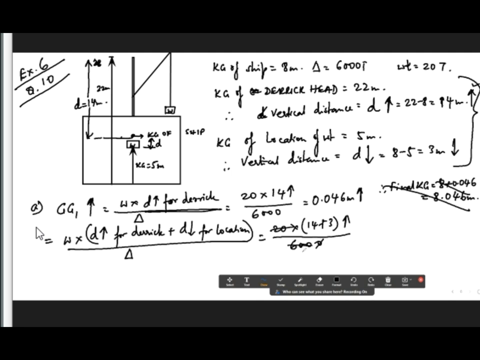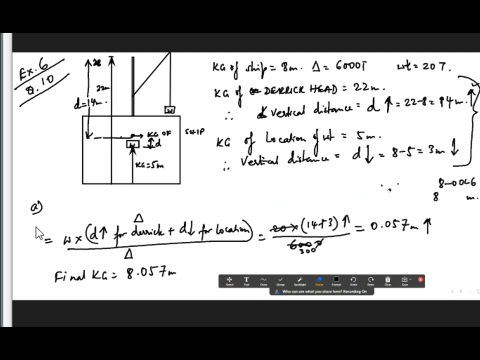That would be 300 here, so how much will it be? 0.057 meters going upwards, and my final KG will be added: 8.057 meters. So the earlier approach is not correct.